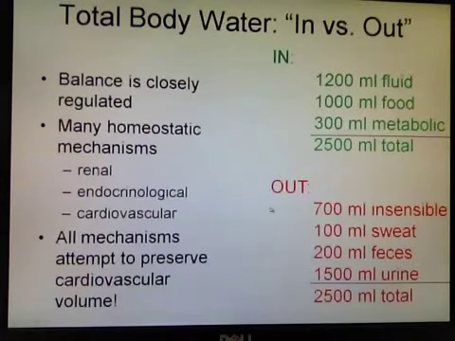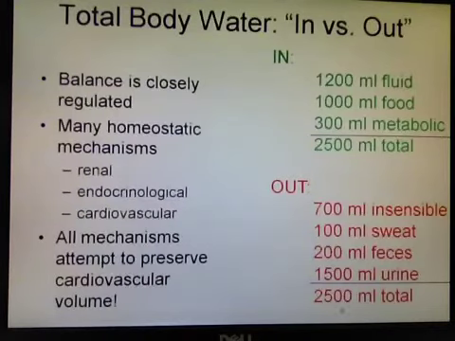So how does the water get out of the body? Well, it includes insensible water loss, which is basically the water vapor that one loses during expiration from the lungs. About 100 milliliters per day is lost as sweat. Of course, this varies greatly depending on the ambient temperature, the ambient humidity, exercise level, etc. Perhaps 200 or so milliliters are lost in feces, and the lion's share, the largest contributor anyway, is 1,500 milliliters in the urine.